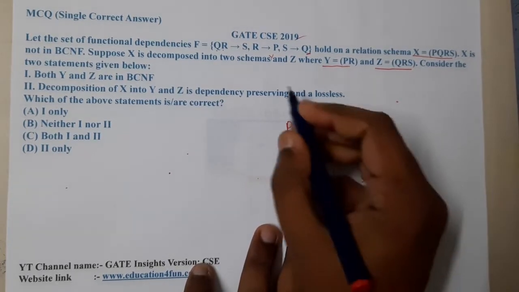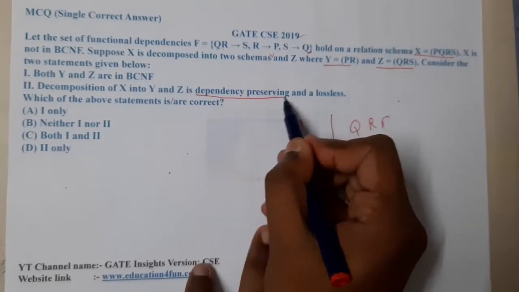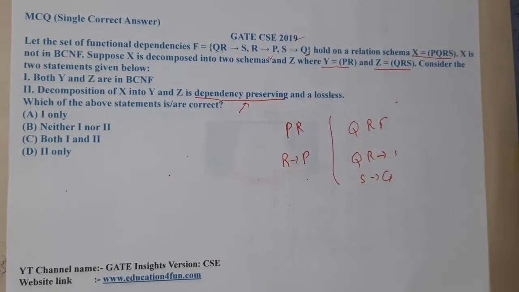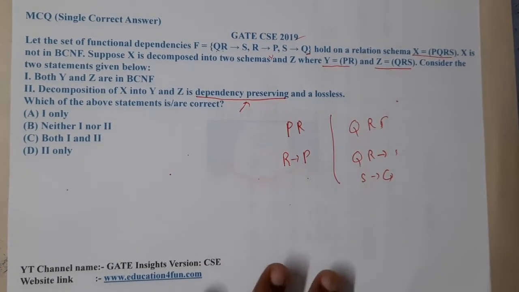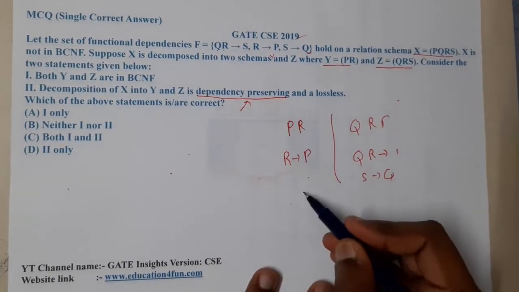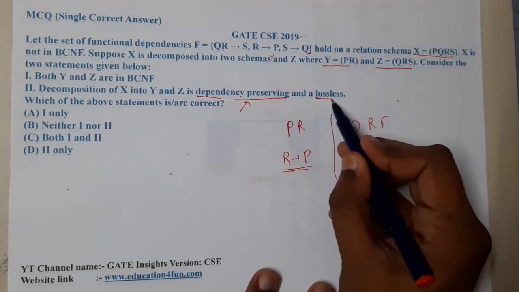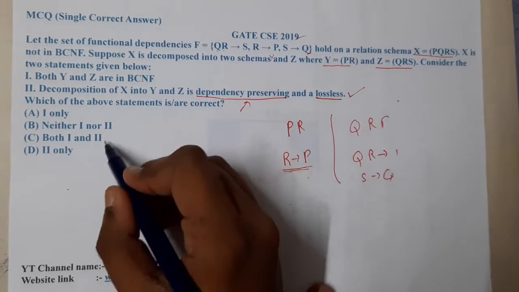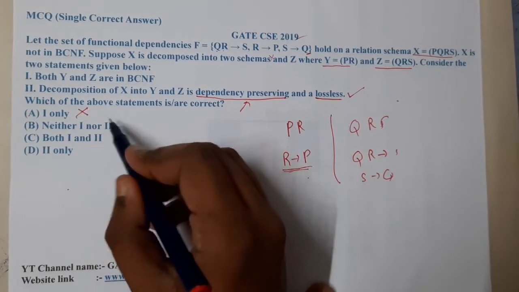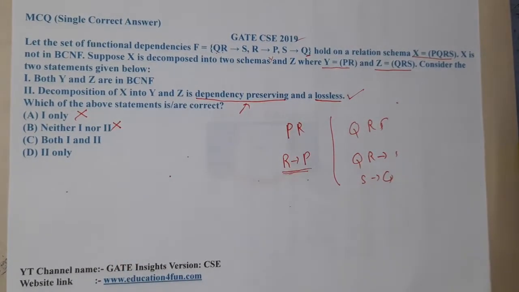So I think this is 100% dependency preserving. Whenever I talk with respect to R, R is a prime attribute, so indirectly this is a key here, and I think this is lossless also. So I am sure that statement 2 is correct, and I can eliminate options A and B from here.